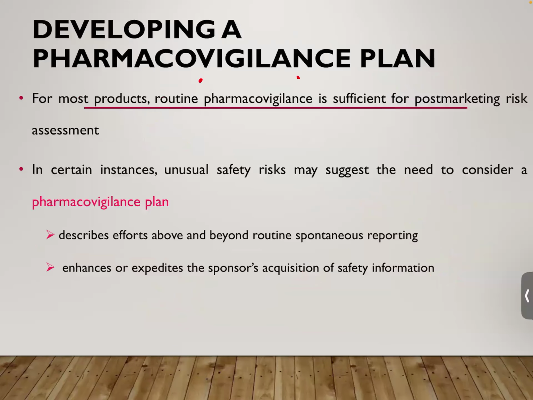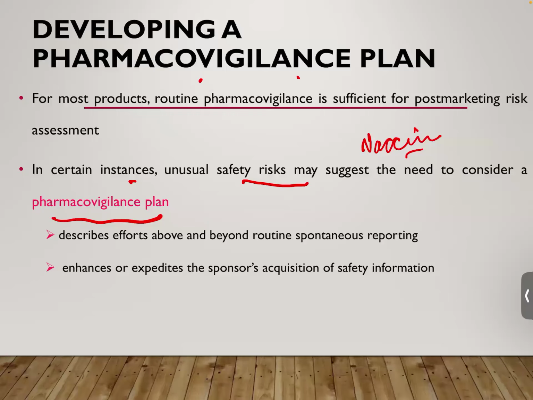So pharmacovigilance plan. This is a little I want to cover. For most products, routine pharmacovigilance is sufficient for post-marketing risk assessment, but in certain instances the risk is high, for example vaccines or any trial for kids. So the pharma company has to make a pharmacovigilance plan.